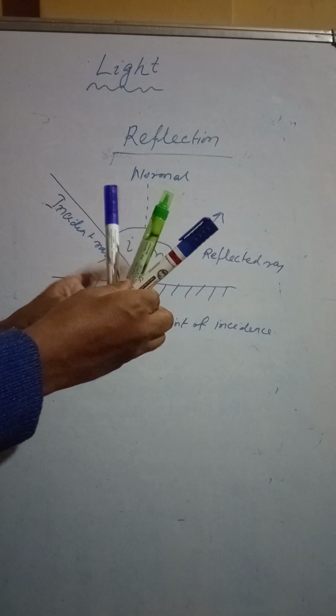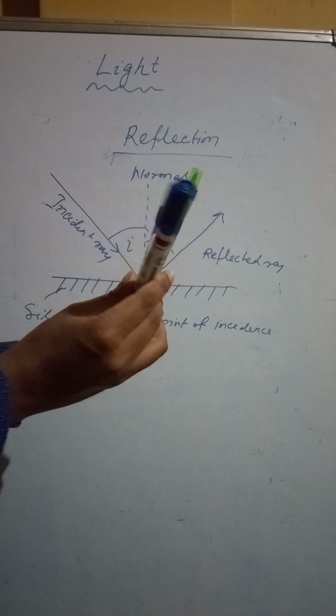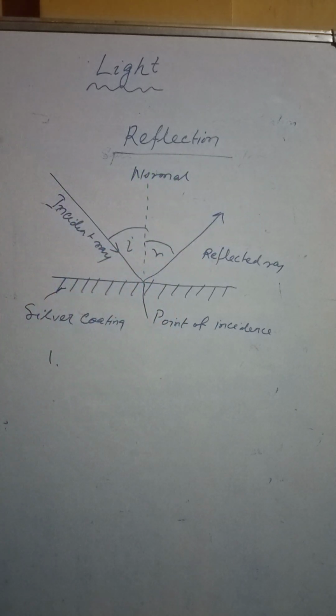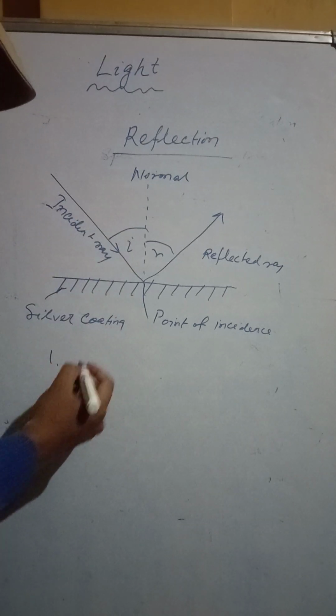But in this case, the three are in the same plane. So the first rule is that the incident ray, the normal and the reflected ray will be in the same plane.